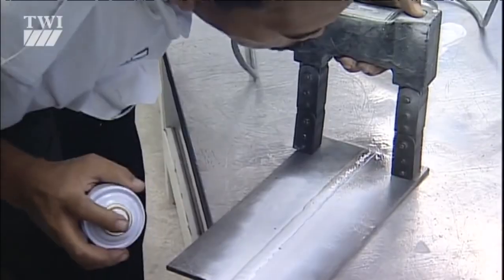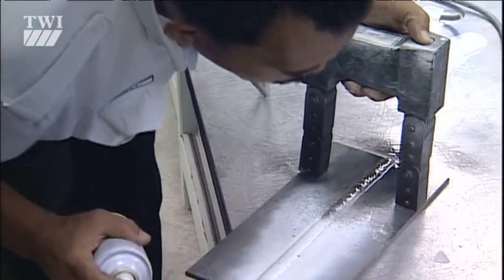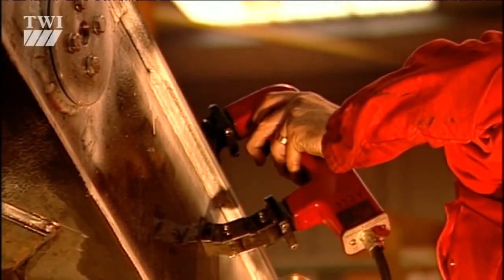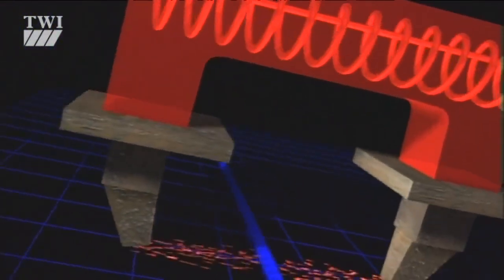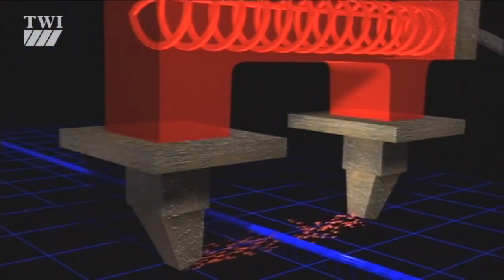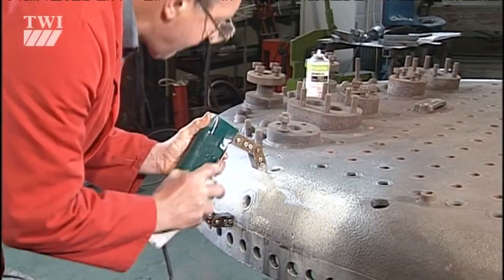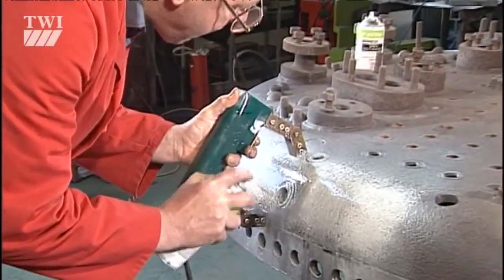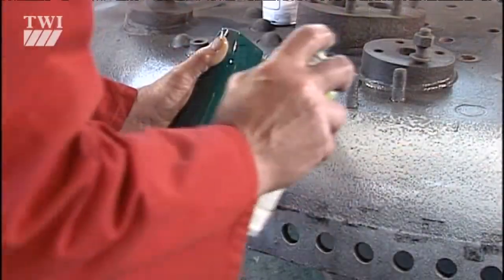We use MPI, as it's known, to find surface and just beneath the surface discontinuities in ferromagnetic materials. And we do it by introducing a magnetic flux into the material. An ink containing extremely fine ferrous particles is applied to the surface of a ferromagnetic material, whilst a magnetizing field is applied.